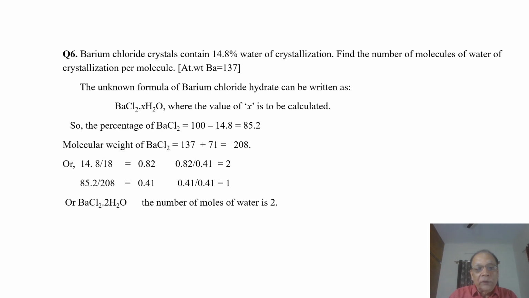Now, using the least of these, we can find that this is 2 times this. So we have 2 here and we have 1 here. That means 1 unit of BaCl2 is there and 2 units of water molecules are present. So the formula is BaCl2.2H2O. The number of moles of water is 2.